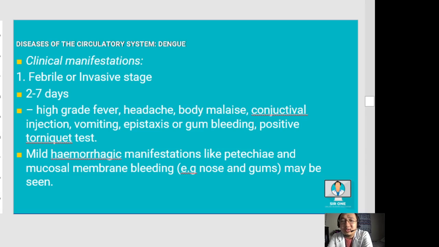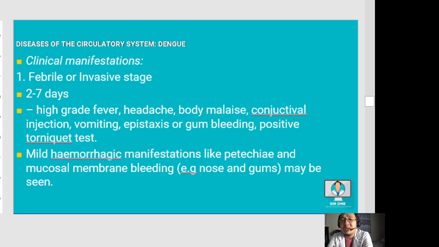Okay, so usually febrile or invasive stage manifestations happen within 2 to 7 days, and these are high grade fever, headache, body malaise, conjunctival pain, then vomiting. Epistaxis can happen, gum bleeding can happen, a positive tourniquet test can happen also, which is not really confirmatory but a screening test done.